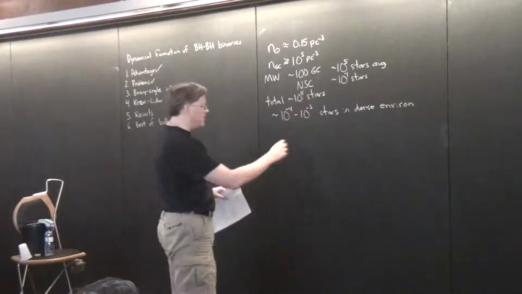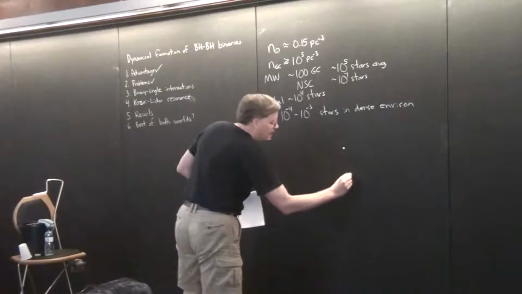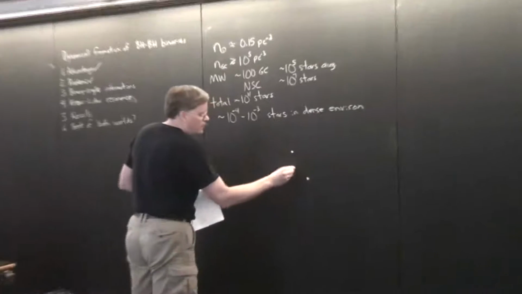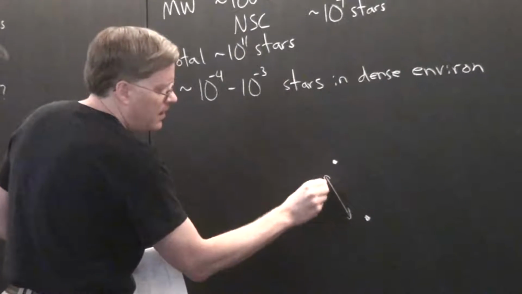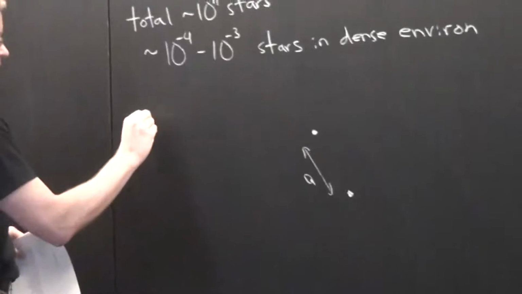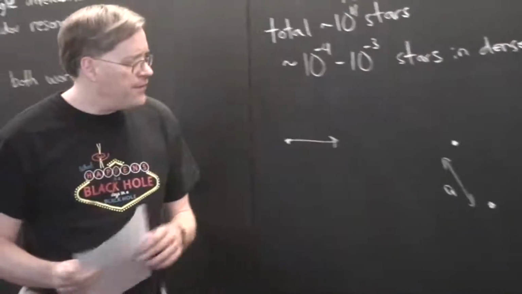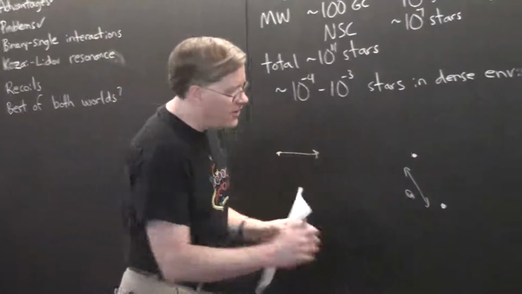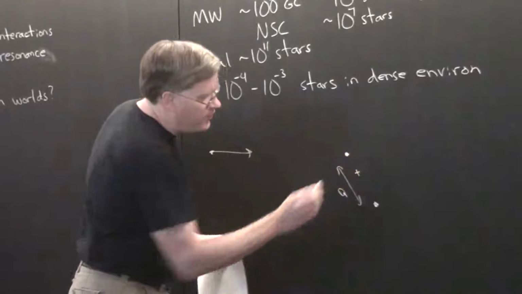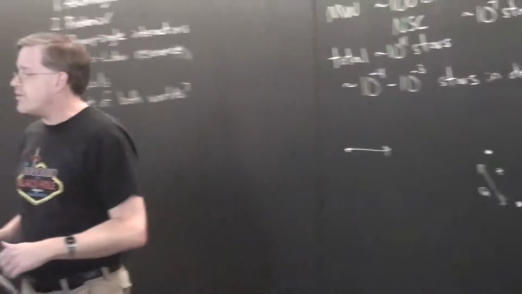There's some things you can think about here, and we'll imagine that we've got, let's say, a binary here, and we've got some characteristic separation A, and we have another object which is coming in. If this object comes in at a separation from the center of mass, which to make it unequal mass will do this, is much greater than A, then the binary is barely affected.